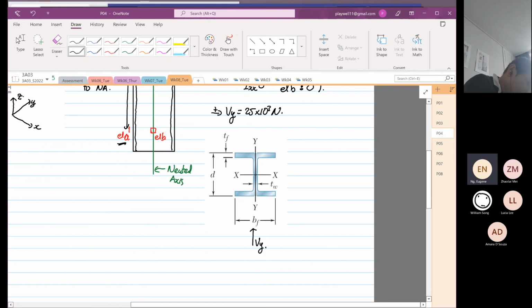So this is our element A, and this is our element B. Right? So we sketch the shear flow now. So this is how the shear flow will look like. So these are our terminals.